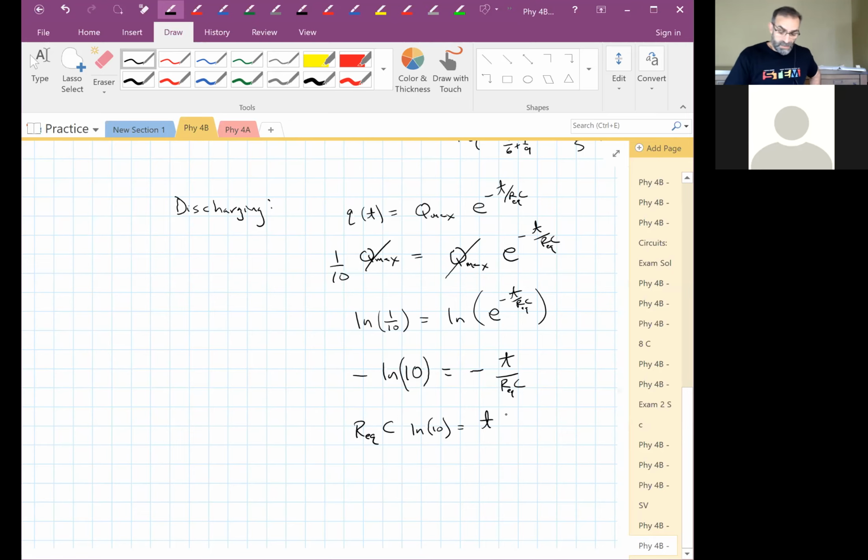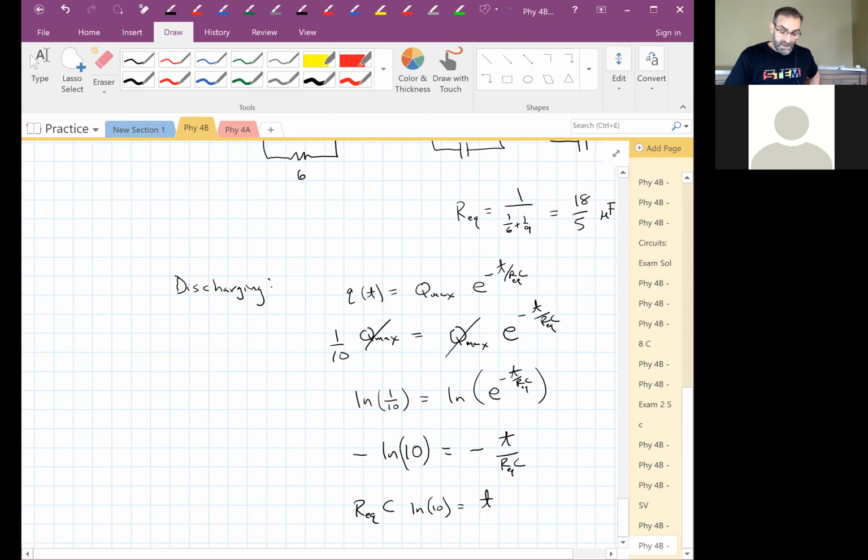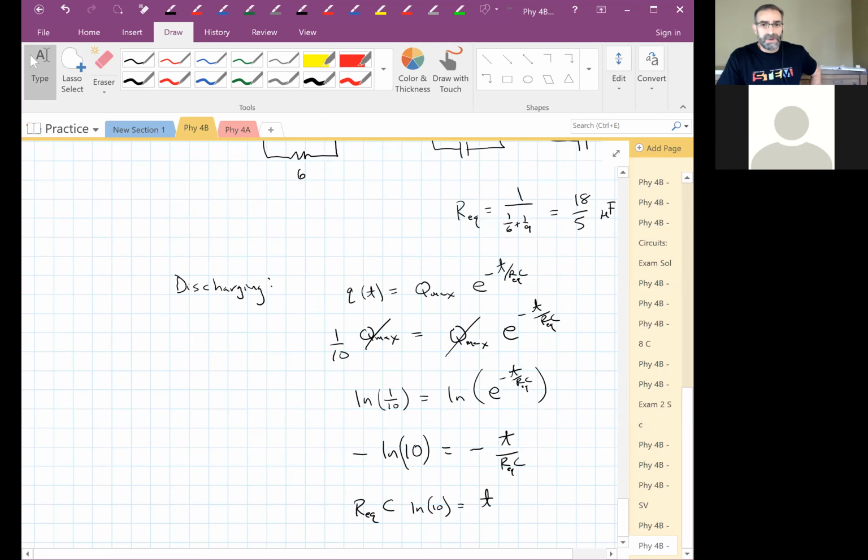Okay, these are typical problems. You don't even need the maximum charge because usually you're asking for what percentage, right? And then it's just a matter of taking the log of both sides, solving for t.